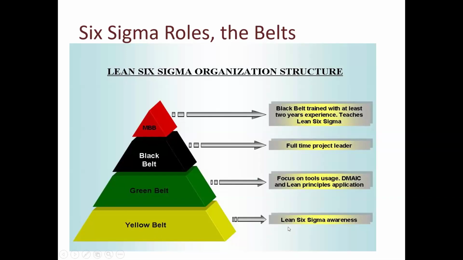Yellow belts will create Lean Six Sigma awareness, while green belts will focus on tool usage and lean principle application. Black belts are the full-time project leaders. They are the cornerstone of implementation. And the master black belt is consulting in nature. Again and again, companies like Orange, in telecommunications in Egypt, for instance, have three master black belts.